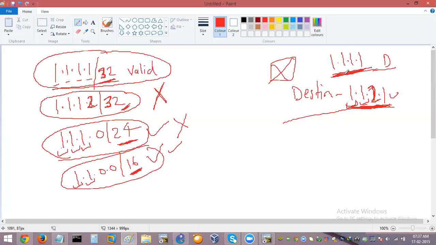If you have a packet which is trying to reach a destination address of 1.1.1.1, then this entry is valid, because it's going to match all 4 octets with the destination IP address. So you don't need to consider 32 or 24, 16 or whatever. Whatever the fixed length is, whatever the subnet mask is, that's what the router is going to match.